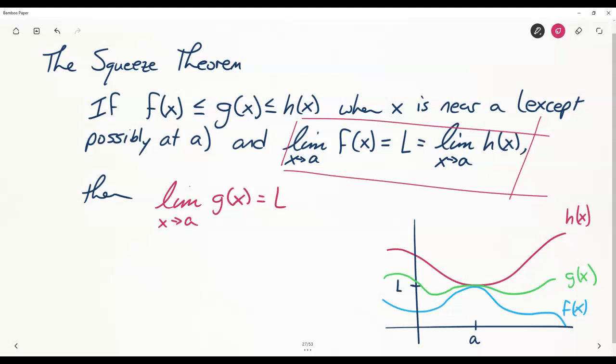Now, if those two limits exist, the only thing you're going to be able to say about the limit of the middle function is that it's between the upper and the lower boundaries. But if those upper and lower limits are the same number, the limit of the middle function has no wiggle room. It has to go right through that same point.